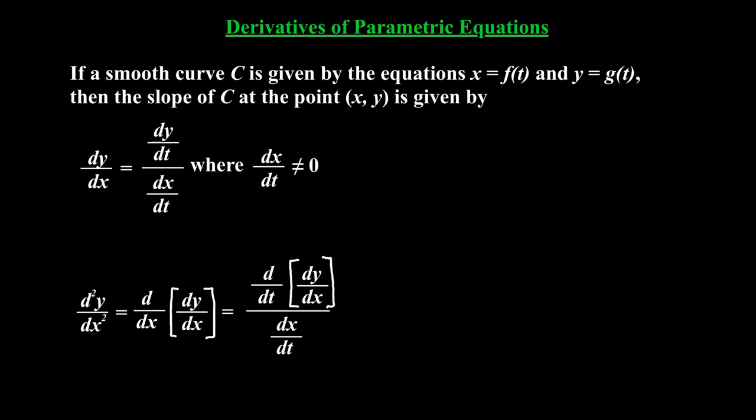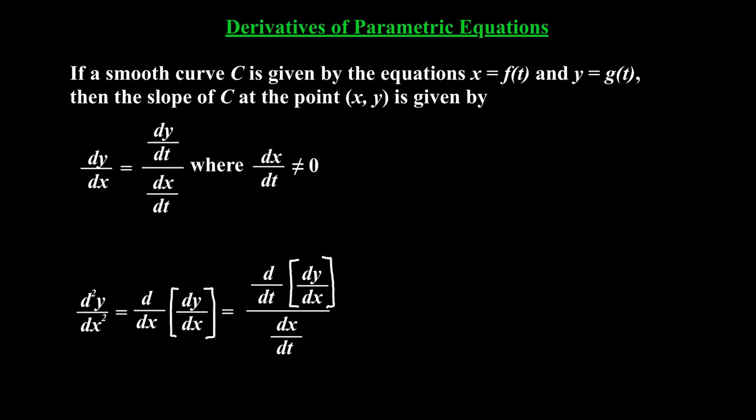All right, so we're going to take a look at derivatives, and we're going to be seeing a lot of formulas here. The first one is your derivative dy/dx. Now, dy/dx is equal to (dy/dt) over (dx/dt).